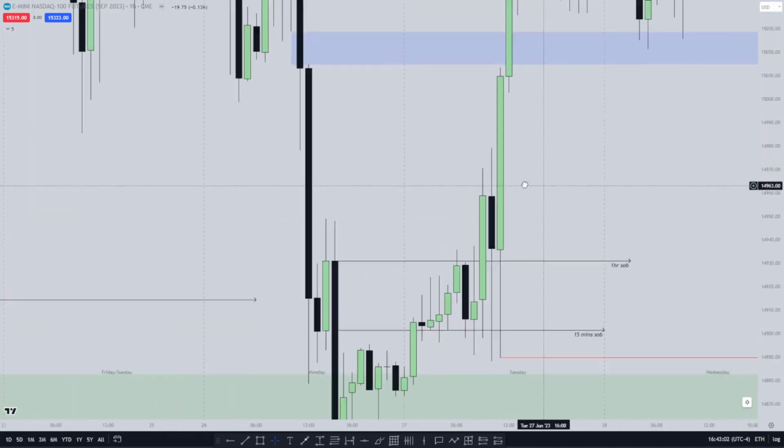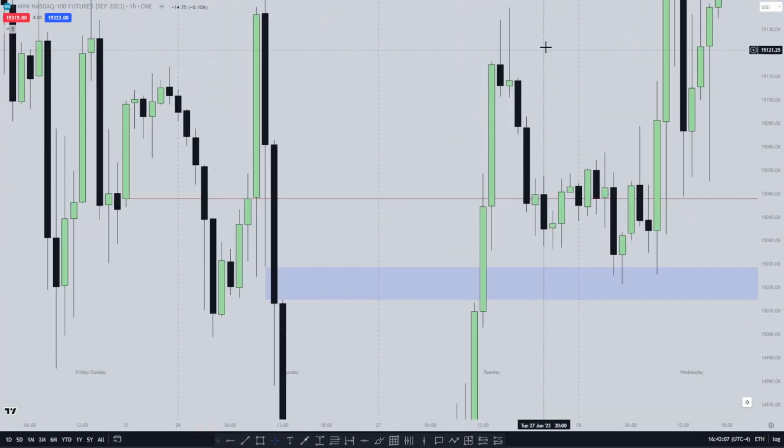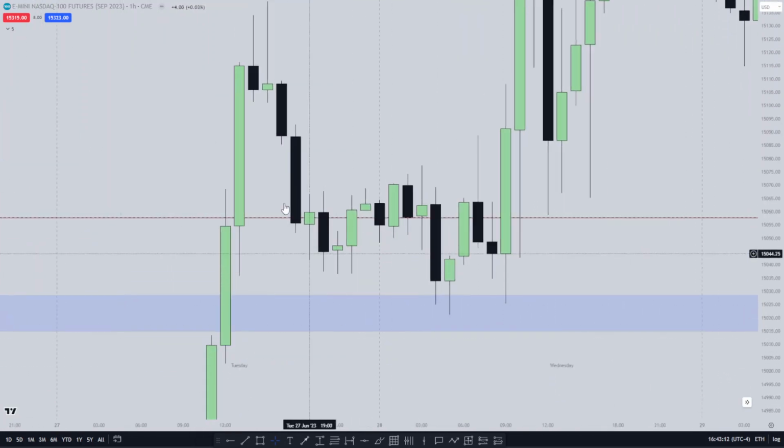Now, entry wise, 12, 15-minute SOB, traded higher, higher, and higher. What happened during here? We made low of the day.